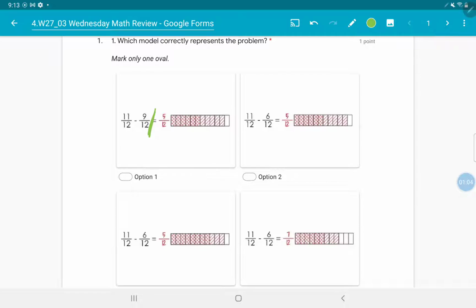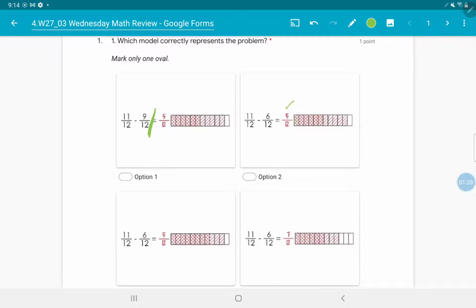Let's go to option 2. 11/12 minus 6/12 equals 5/12. Yes. My denominator stays 12, and 11 minus 6 equals 5. So we know that the math is correct. Let's look at the model.